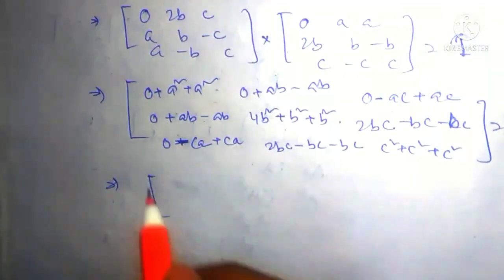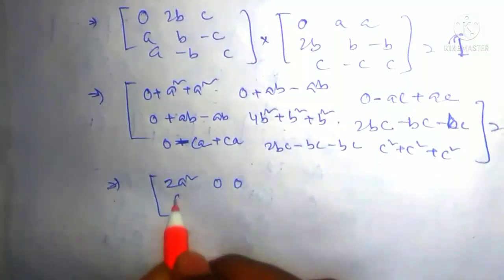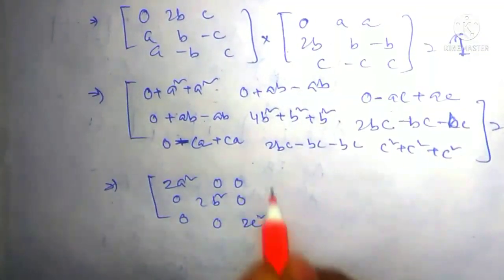So what is coming? That is coming exactly 2a square, 0, 0; 0, 2b square, 0; 0, 0, 2c square. That is equal to I.